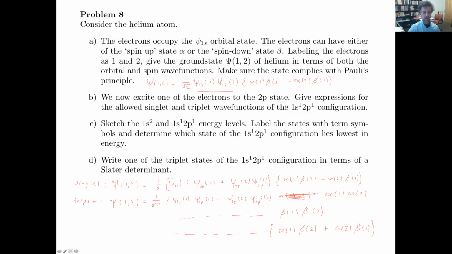So I have 1, 2, 3 triplet states and 1 singlet state that comes out. These dotted lines mean that I'm repeating the exact same expression for the antisymmetric orbital state. This one has a half in front of it, and this one has a 1 over square root of 2 in front of it. Hopefully this makes sense, folks.